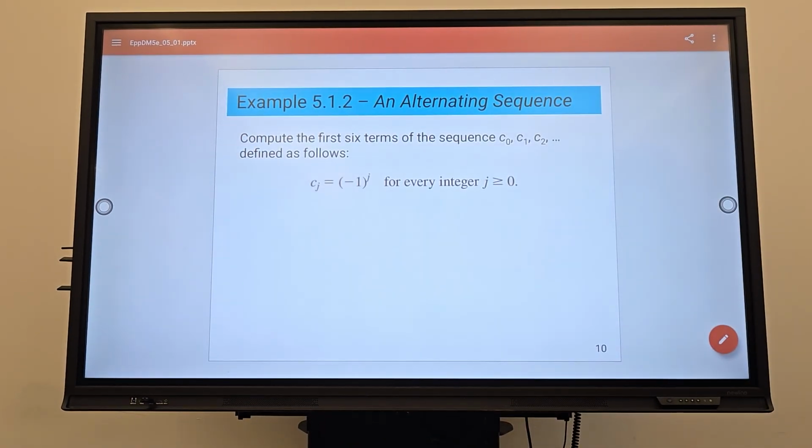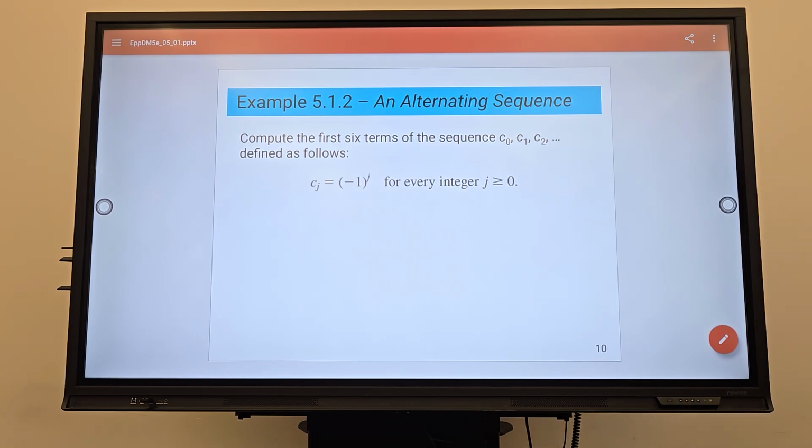Compute the first 6 terms of the sequence C, defined as follows. C sub j equals minus 1 to the power of j for every integer j greater than or equal to 0. Now, C sub 0 would be 1. C sub 1 would be negative 1.